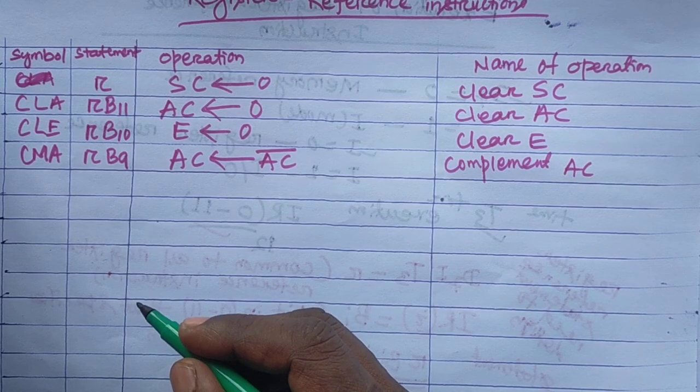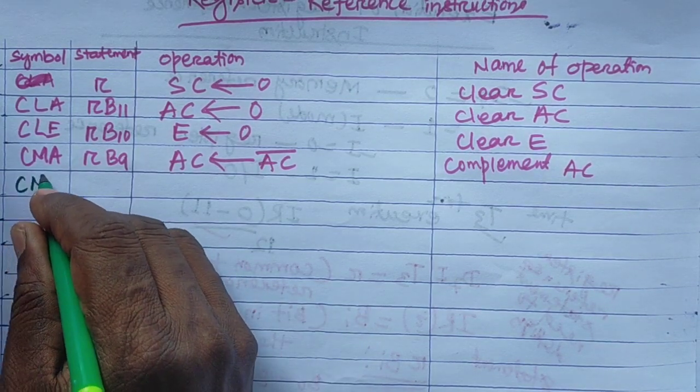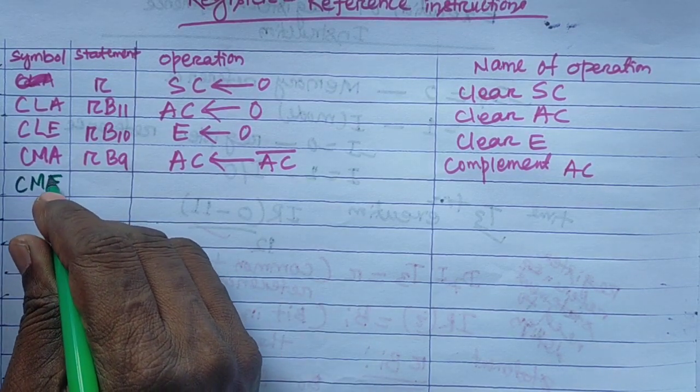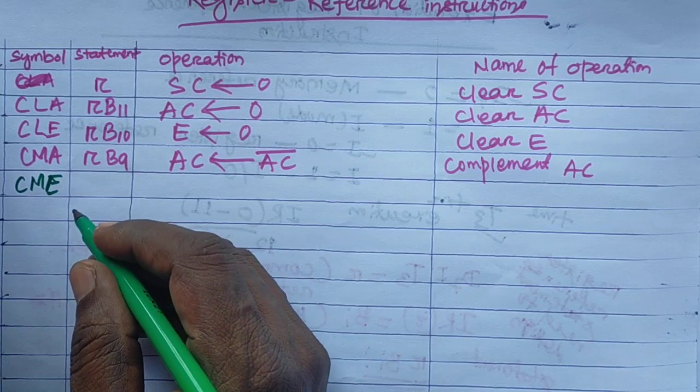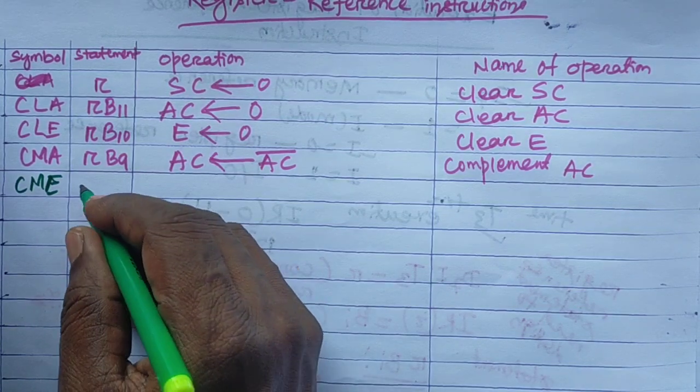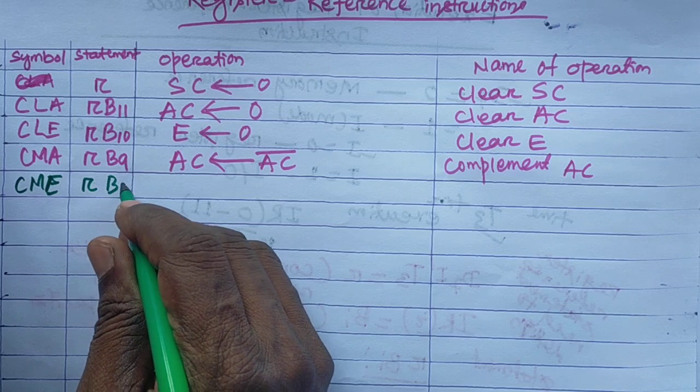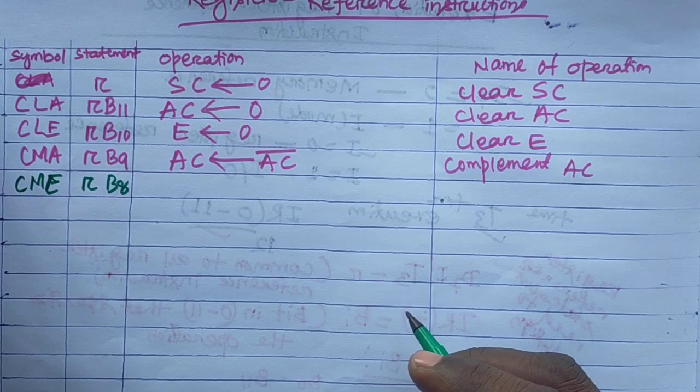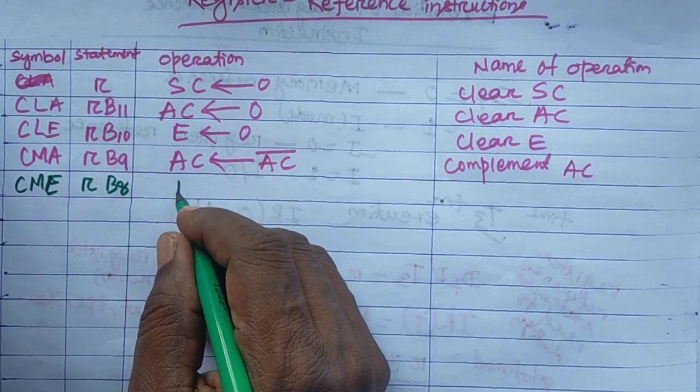Next is CME, which is RB8. In this case, what happens?